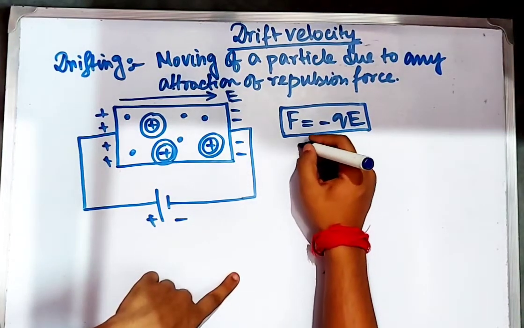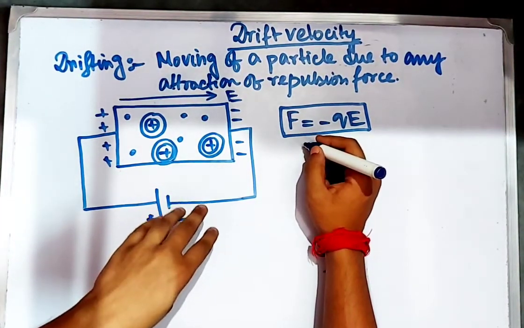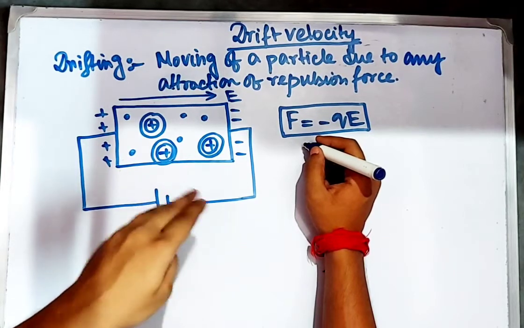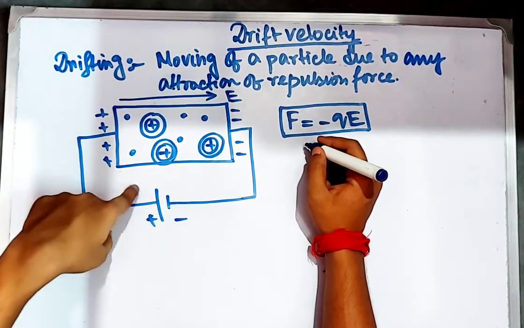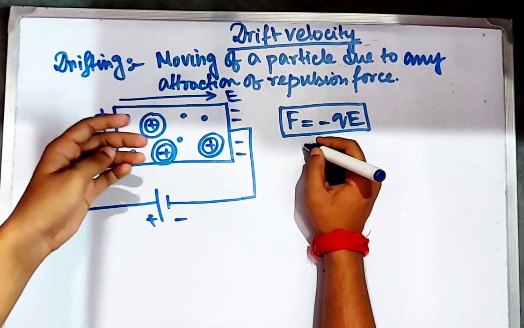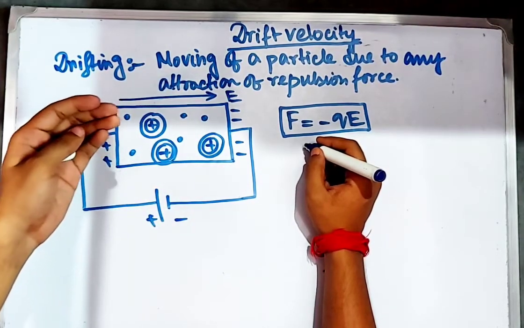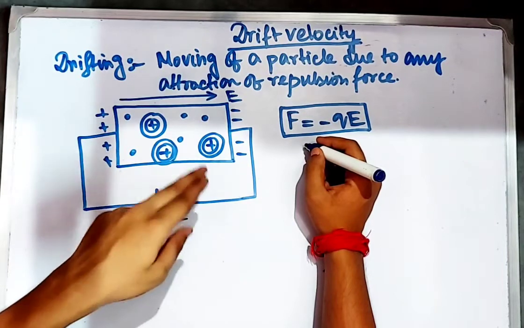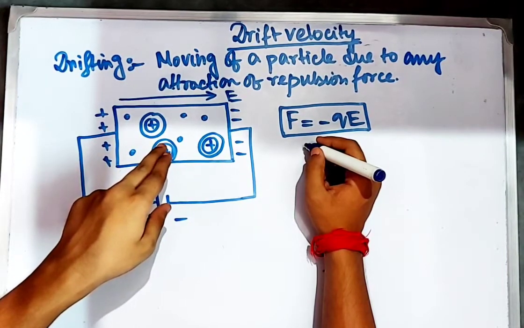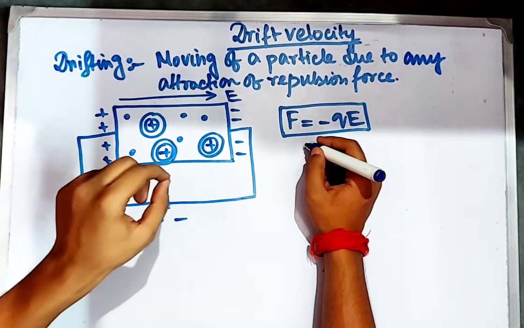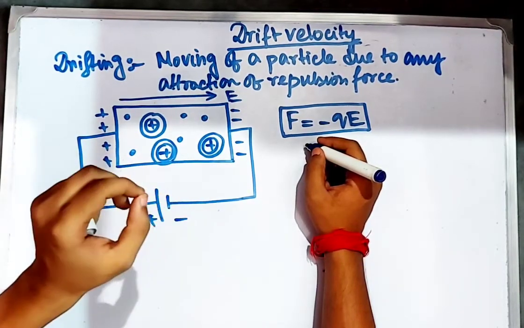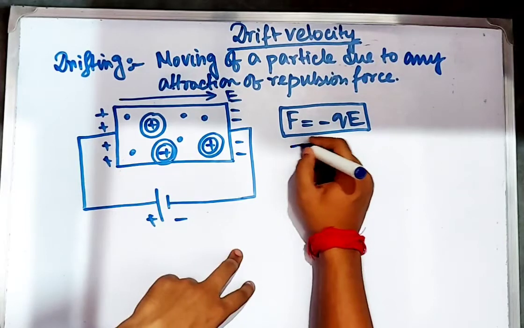And if the electric field is absent, if we are not connecting any voltage source with the semiconductor, then there is an initial velocity, known as thermal velocity, that is present with the electrons due to their Brownian motion.